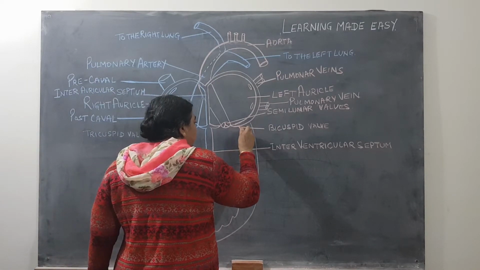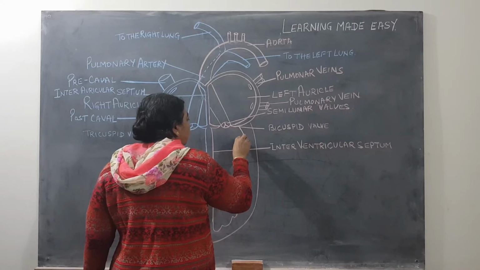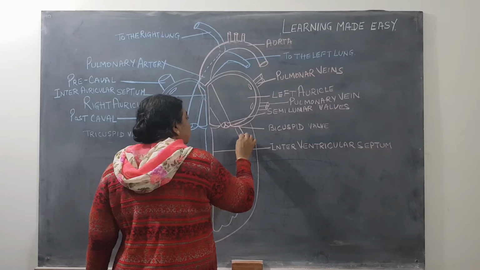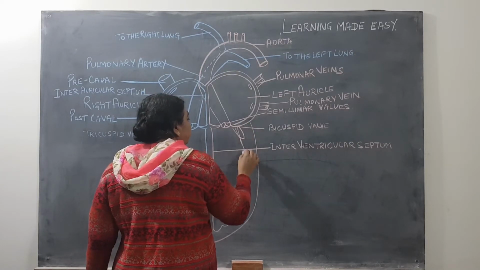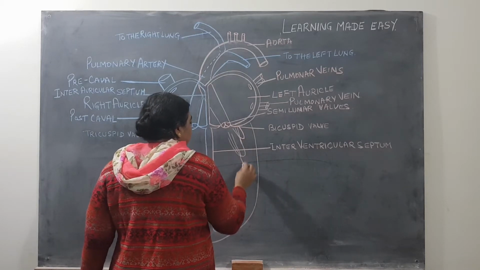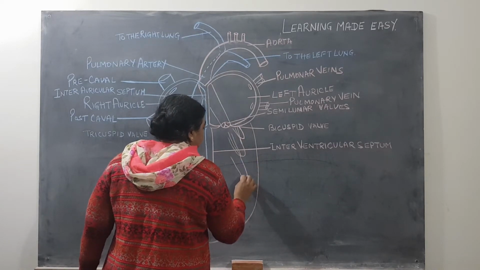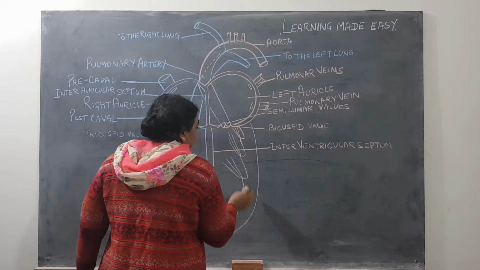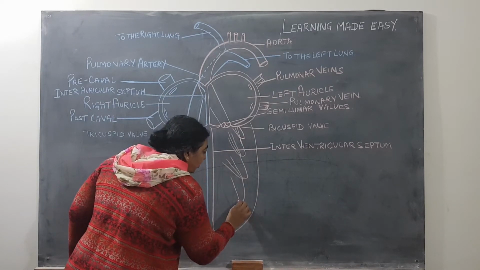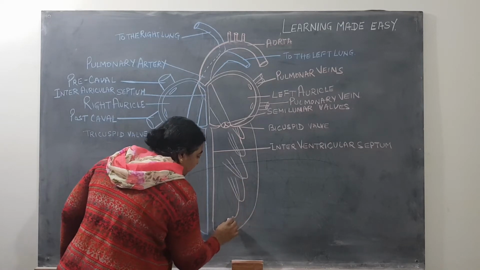These raised portions in the heart have thread-like structures called as chordae tendineae. They support the heart and keep the ventricle informed.